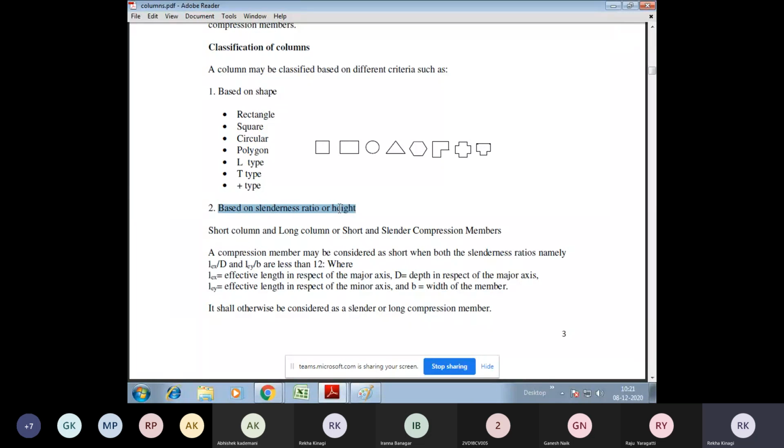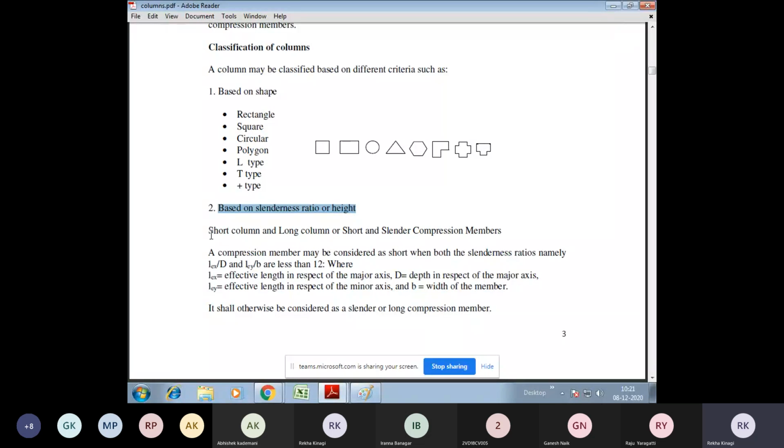The next criterion is the slenderness ratio or the height. This slenderness ratio is of most importance to be considered in any of the design of columns. So we can say a short column or a long column depending upon the slenderness ratio or the height of the column.